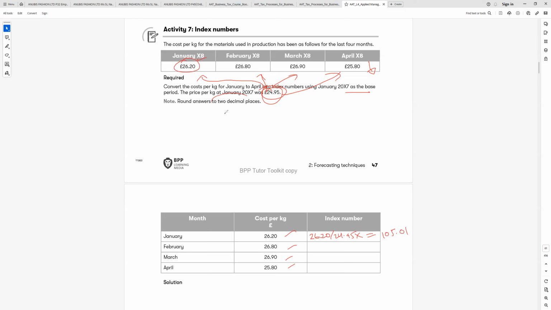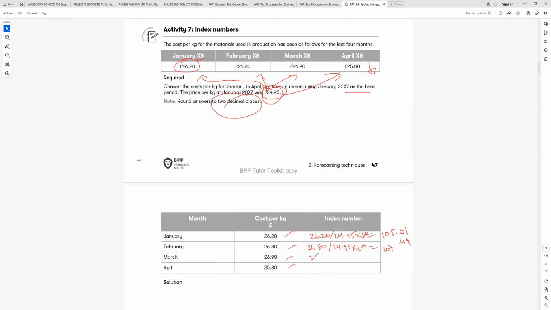They said 2 decimals. Again, the current period will be on top, 26.80, divided by the base period 24.95, multiplied by 100, and that will give us 107.41.